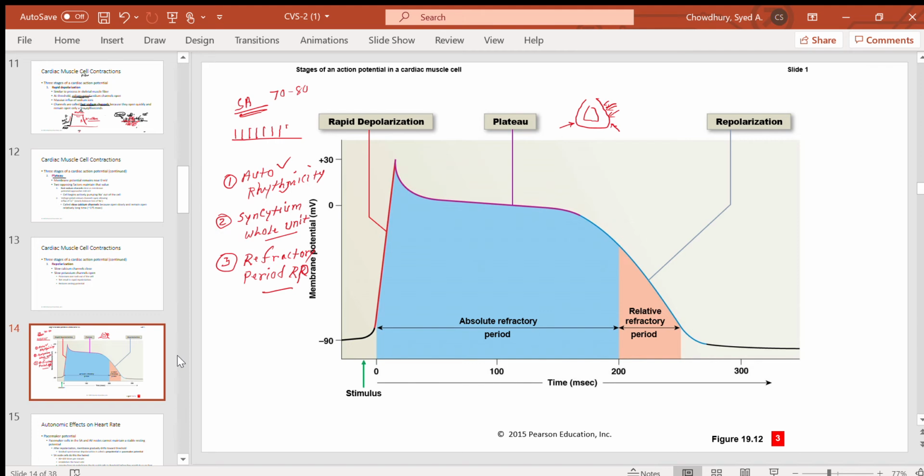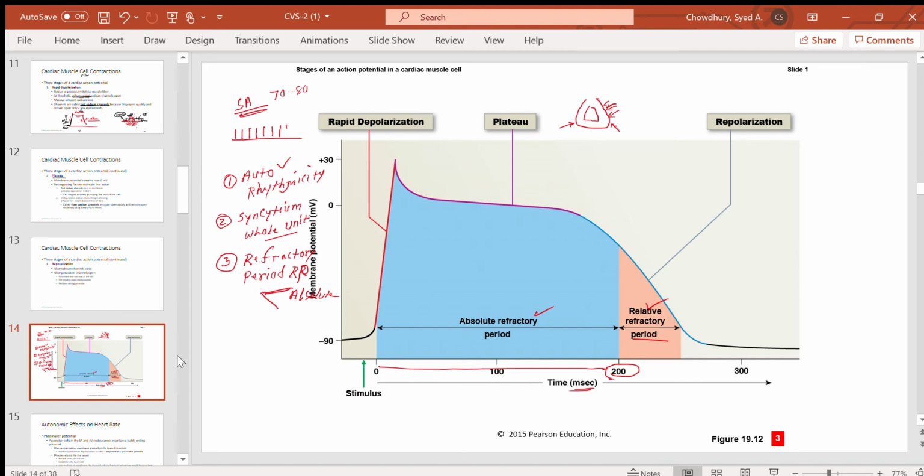Now, the refractory period could be of two types. First, about 200 millisecond, as you see here, 0 to 200 millisecond. This blue part is called the absolute refractory period, and the end part, only about 50 millisecond, is called the relative refractory period.